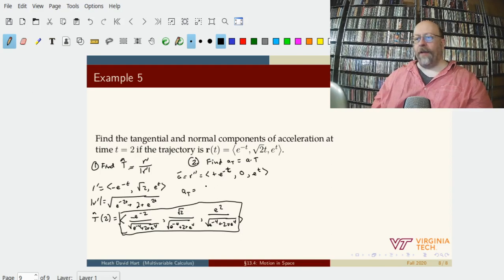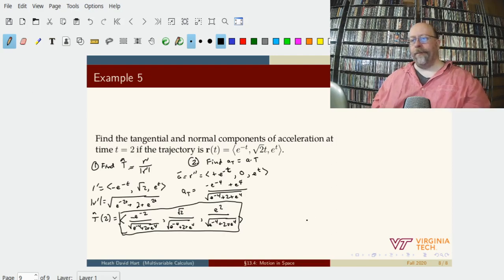So we're going to get negative e to the negative 4. Square root of 2 times 0 is 0. e to the 2 times e to the 2 is e to the positive 4. All over this square root, the square root of e to the negative 4 plus 2 plus e to the 4th. Okay?